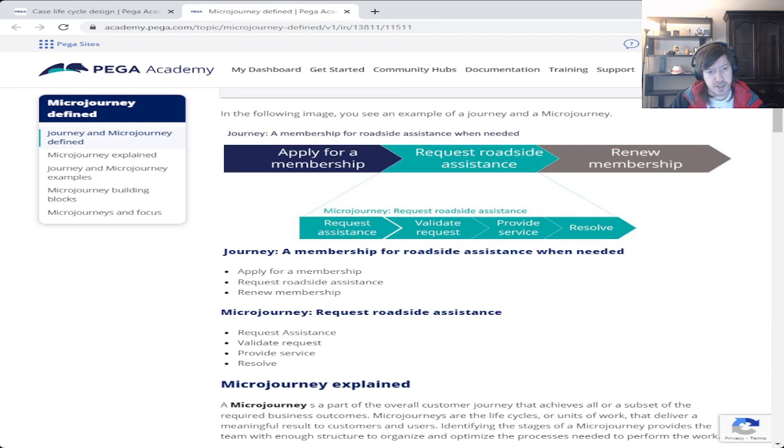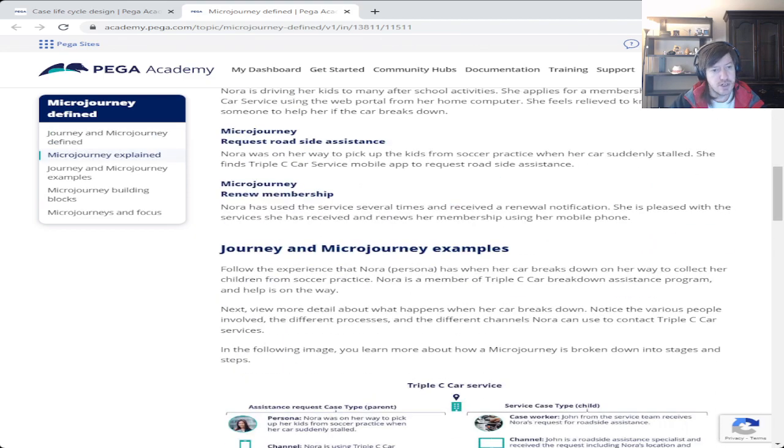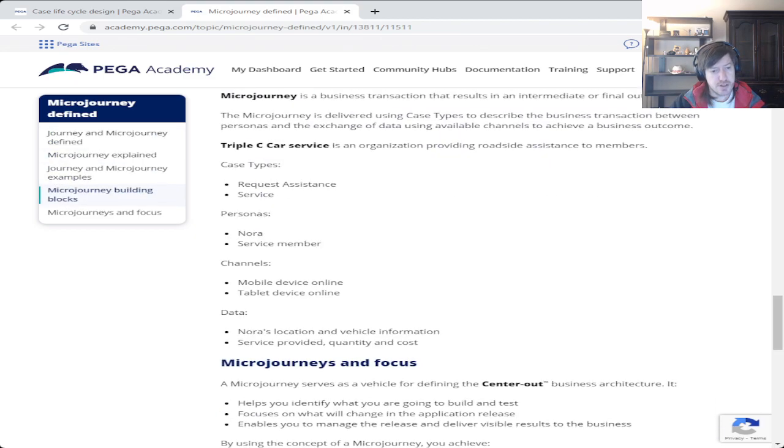So that's why, the fact that they labeled this part here as a microjourney, it's like, hey, you can consider both of these microjourneys because each one of these is its own stage in a case type life cycle. So the fact that they're trying to label it as journey and microjourney doesn't really make any sense to me whatsoever. It's clunky at best.